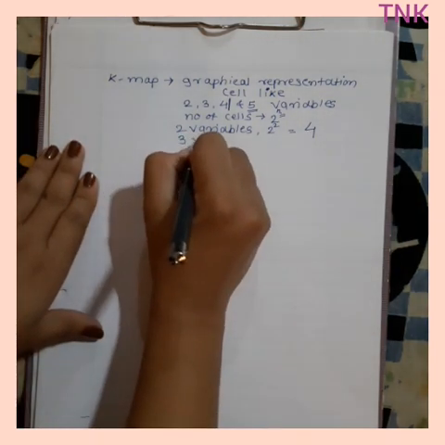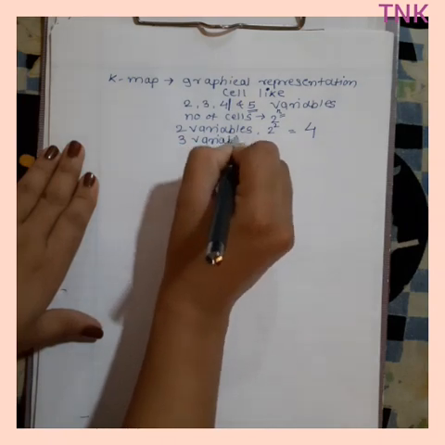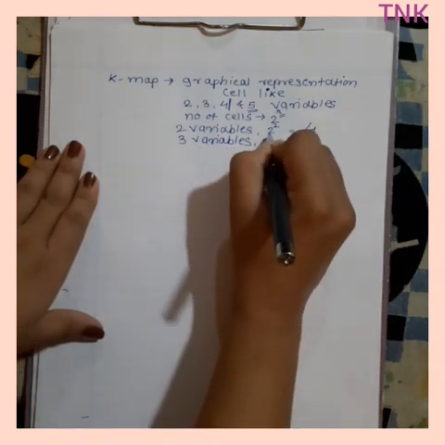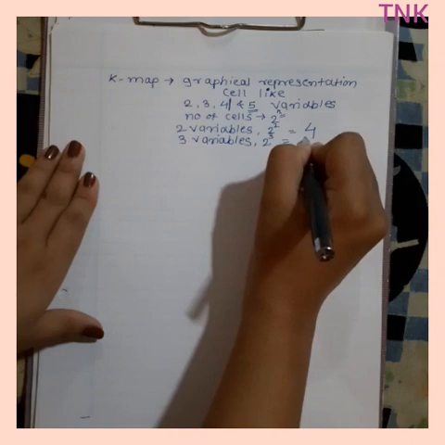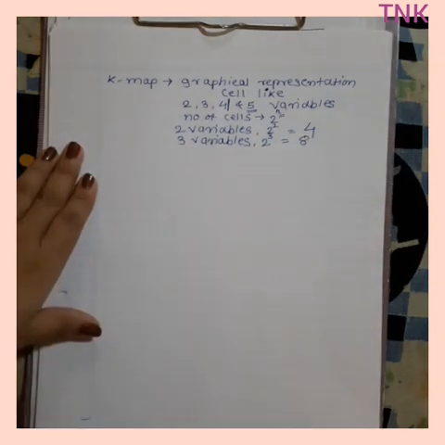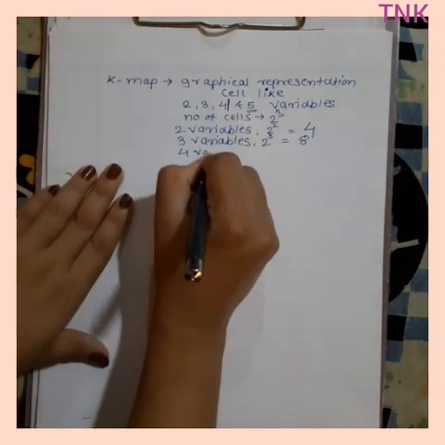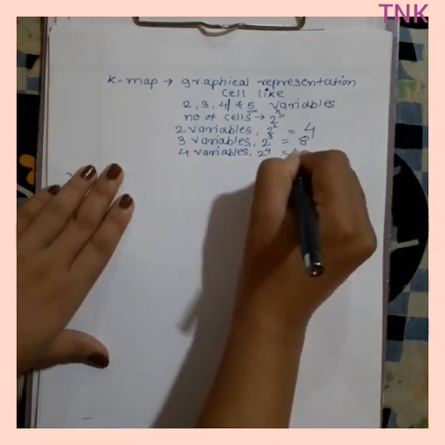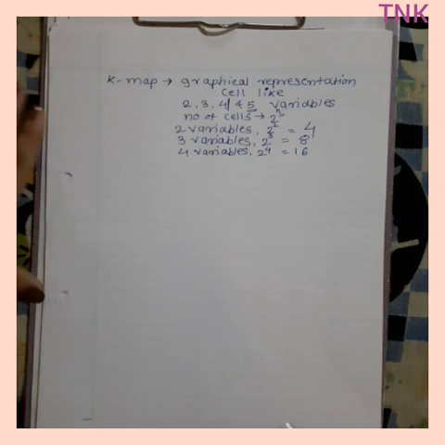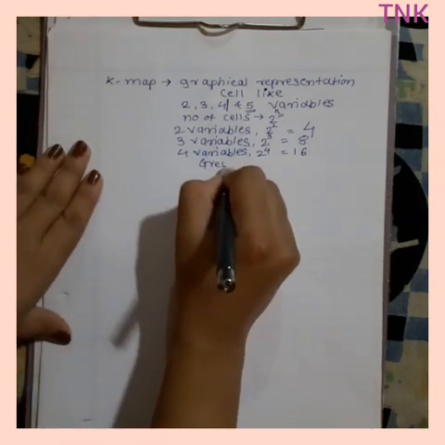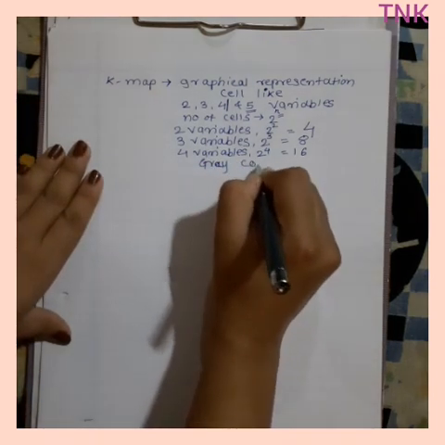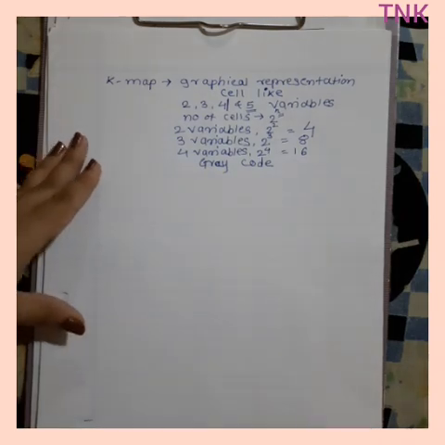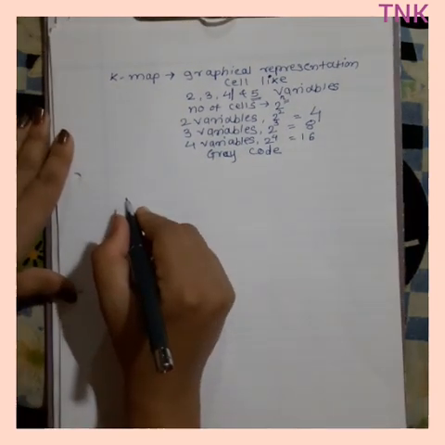If we are drawing the K-map for 3 variables, then the number of cells will be 2 raised to 3, that is 8. If we are drawing the K-map for 4 variables, then the number of cells will be 2 raised to 4, that is 16. K-map always uses gray code to represent numbers or to represent cells.